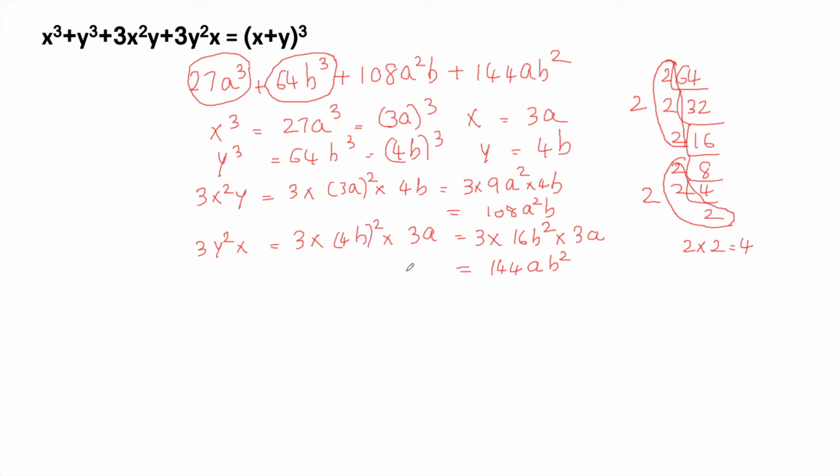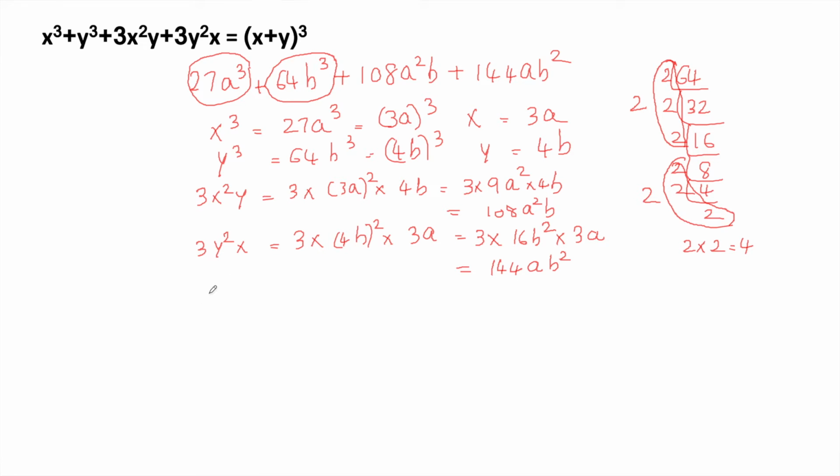Without verification also we can identify very easily that this is in the form of this polynomial. So the factorization will be x plus y the whole cube. Just find x and y and directly write x plus y the whole cube. But if you want to verify it, try to verify it like this.